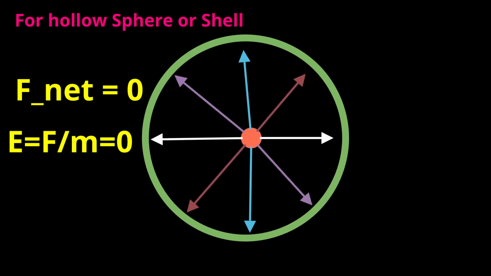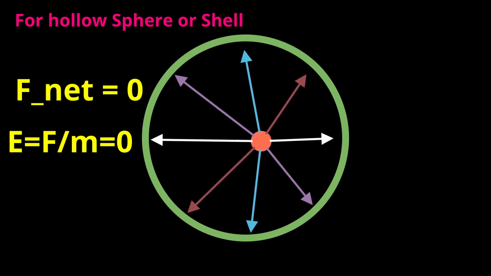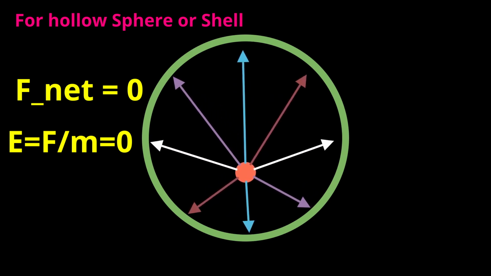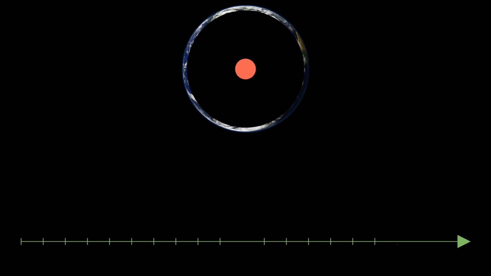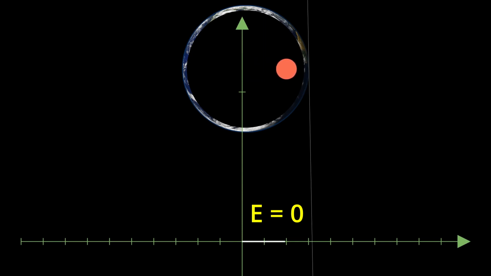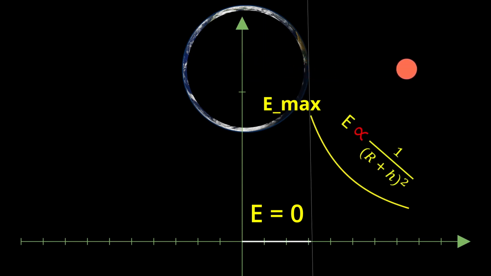So the variation from surface to height h will be the same as we have discussed for spheres like our Earth. Therefore, if we see it in its entirety for a shell or a hollow sphere, field strength E will be 0 till the shell surface, will become maximum at the surface and decreases parabolically above the surface.